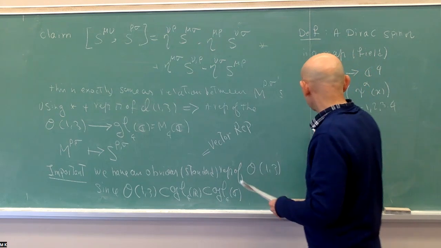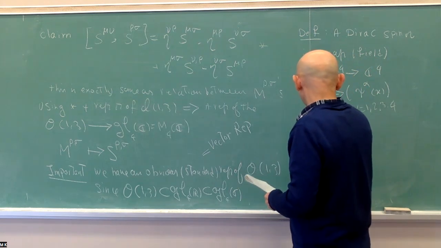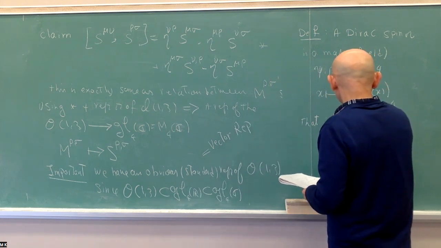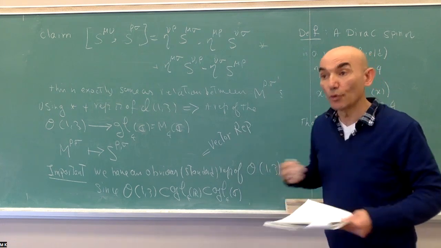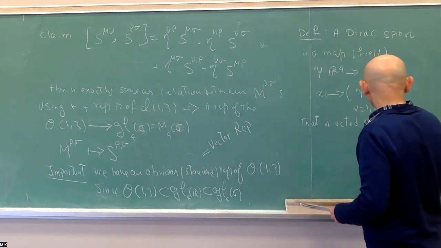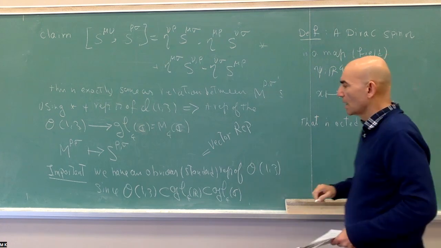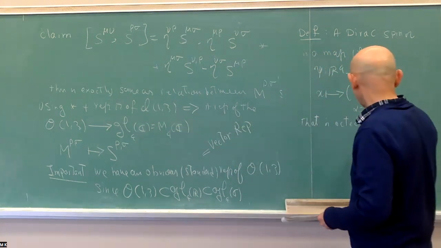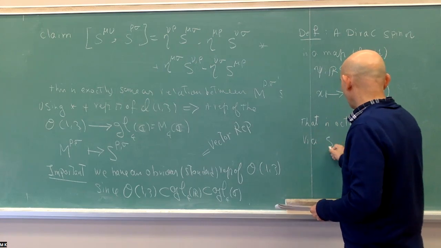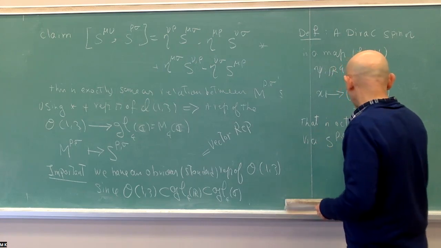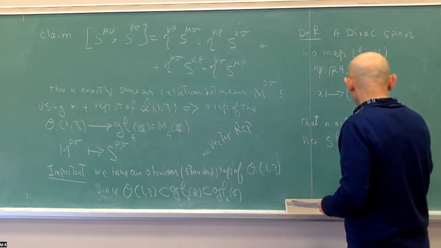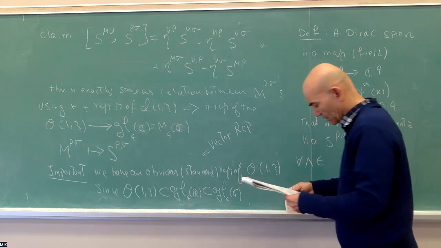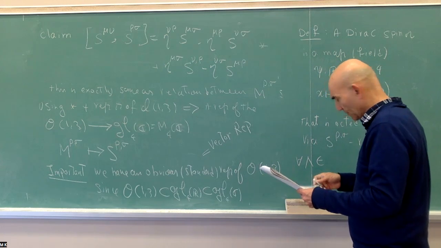That satisfies the relation that it is acted on by the Lorentz group by this new rho sigma representation, i.e., for any lambda belonging to the Lorentz group.